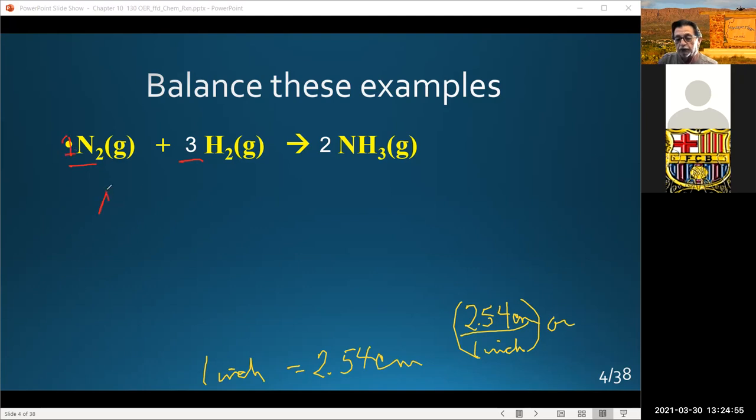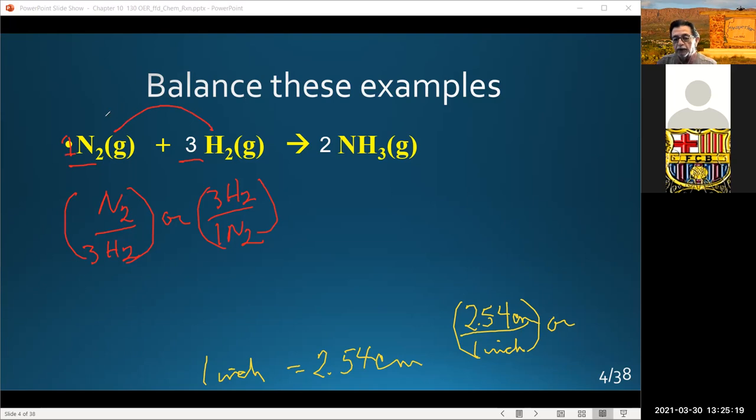So I have a ratio of 1 nitrogen to 3 hydrogen gas. And I can write that either in that manner with hydrogen in the numerator and nitrogen in the denominator, okay? So that is the relationship between the hydrogen and the nitrogen.